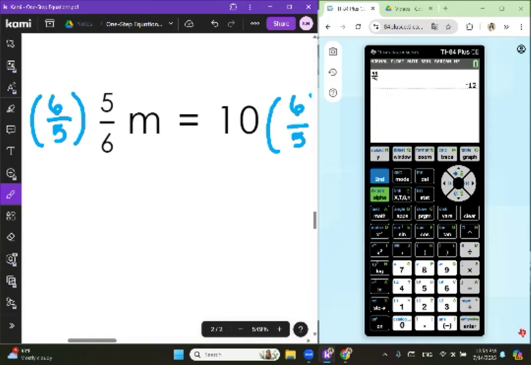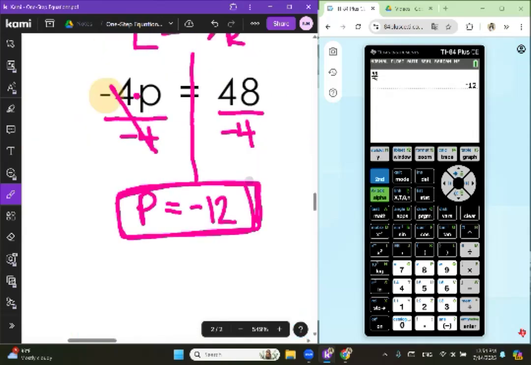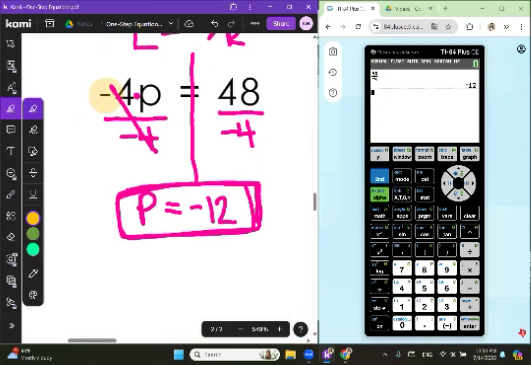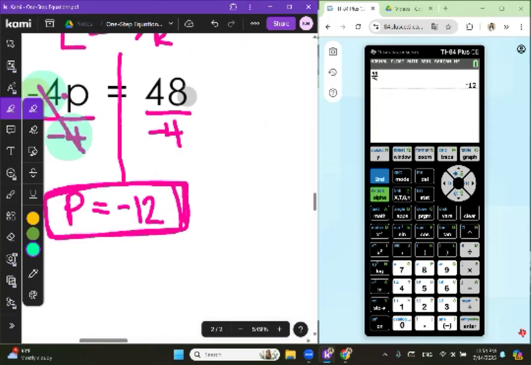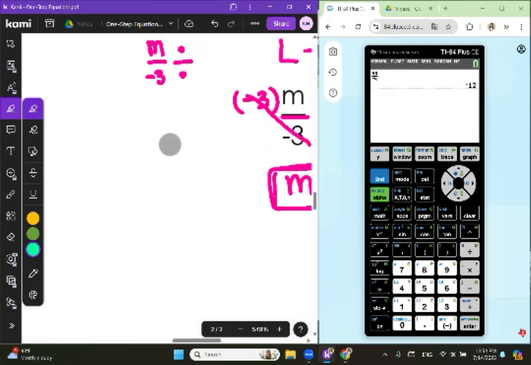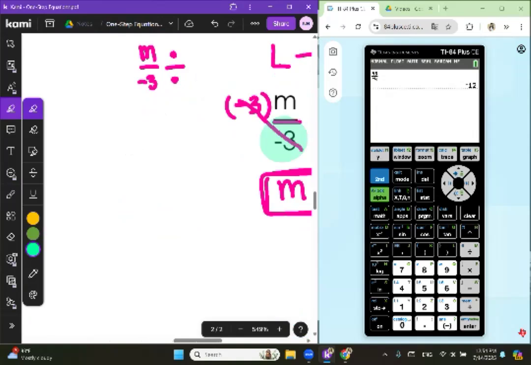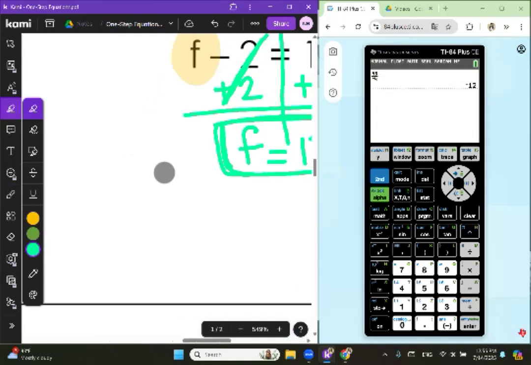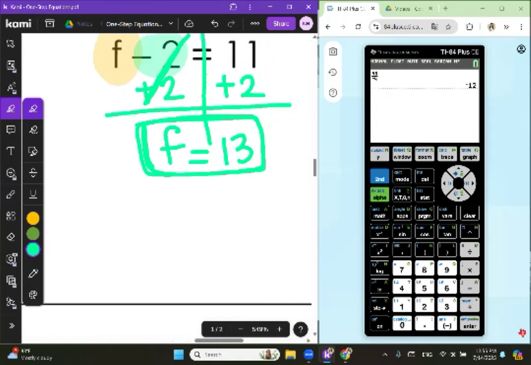Okay. Now let's look at this. Notice here, top 4 got rid of the bottom 4. Bottom 3 got rid of the top 3. Top 2 got rid of the bottom 2.